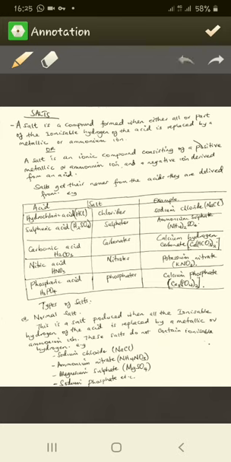Sodium phosphate means sodium has replaced all the hydrogen of the phosphoric acid. So that one is called a normal salt.